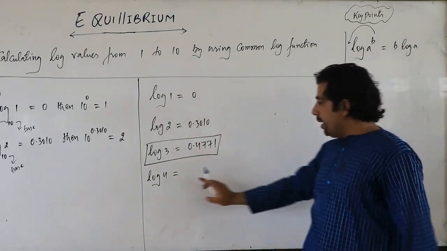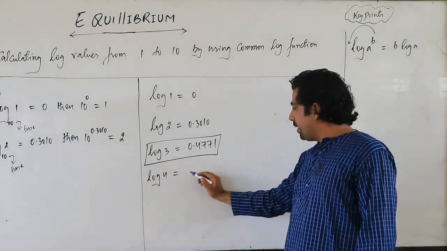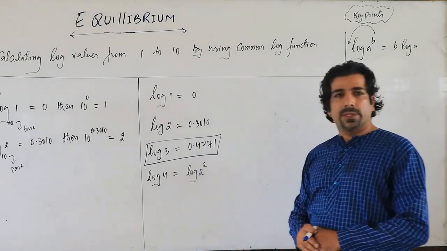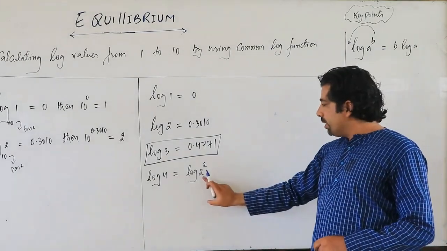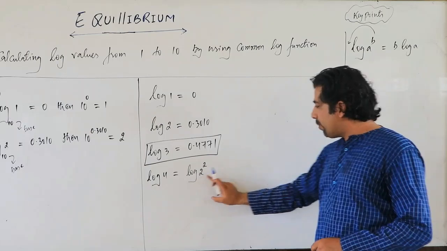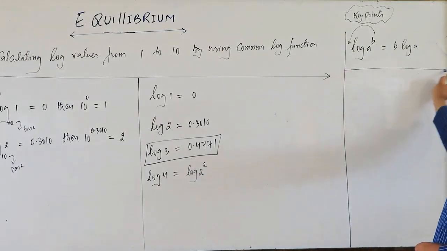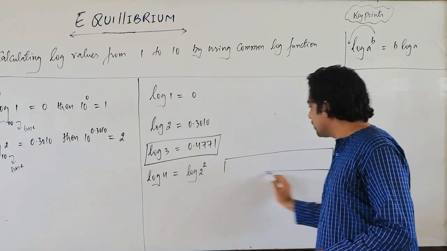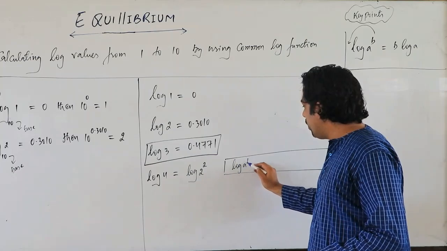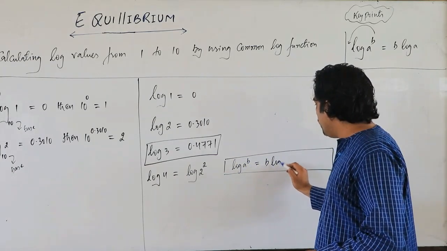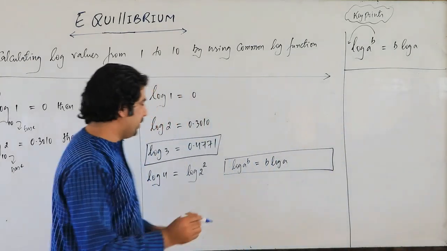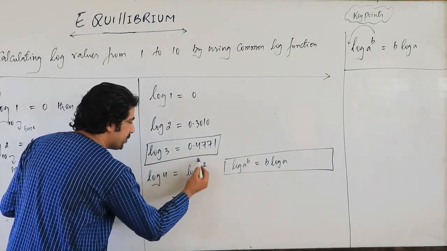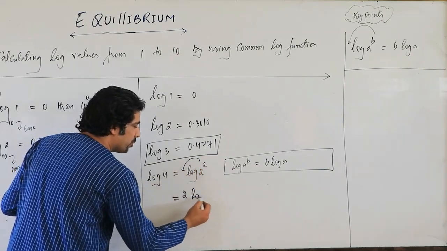Now look here. If I want to find out log 4, I can write it as log 2 to the power 2. So obviously this expression will become exactly like this particular expression, if you remember. It will become log a to the power b, that is b log a. So I will get here, take this 2 here, so it will become 2 log 2.